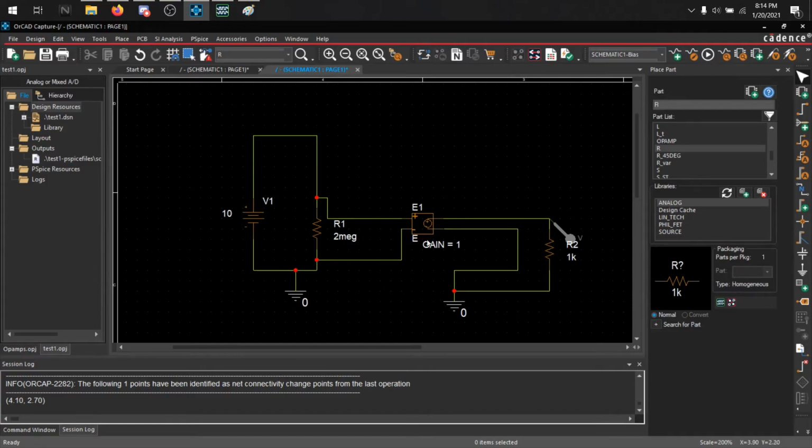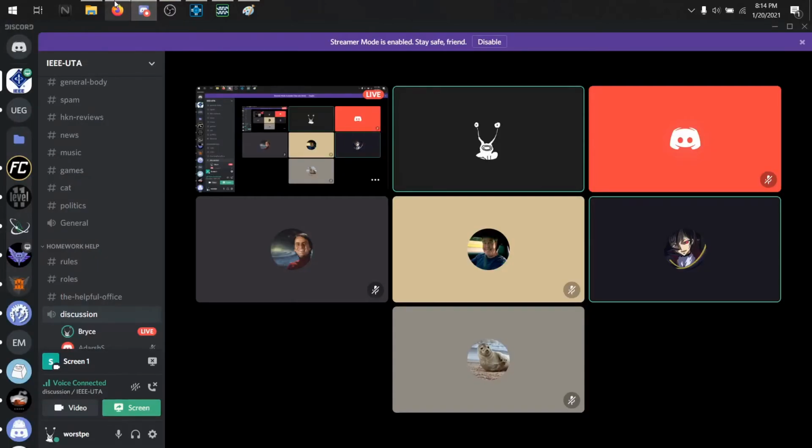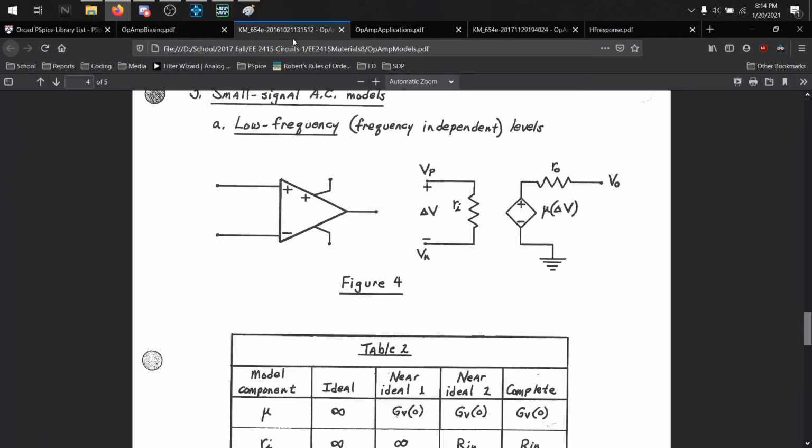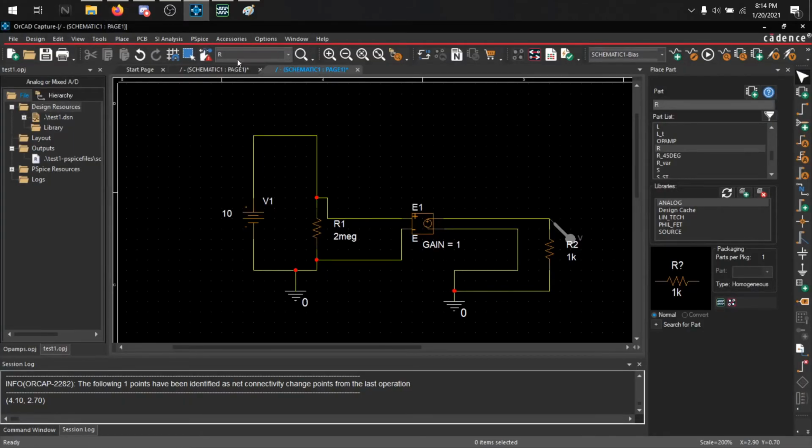So you guys see how I made it? Technically, it's the same thing as this. But in real life, you have to somehow get that voltage over here. In the real world, you have to have lines coming up from there to measure off of, or you will never be able to get that.